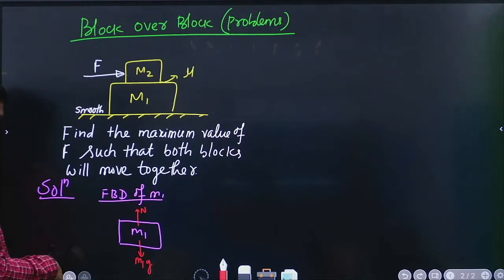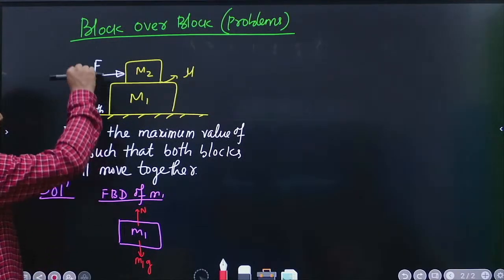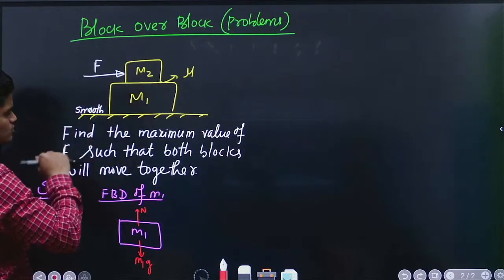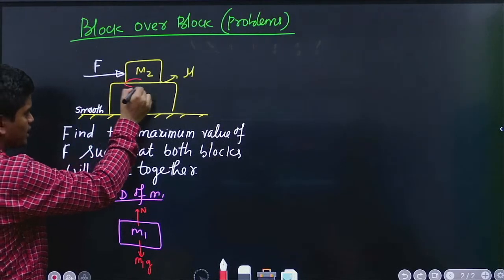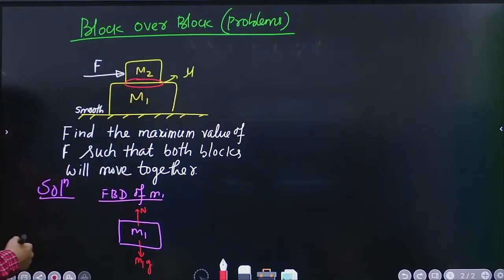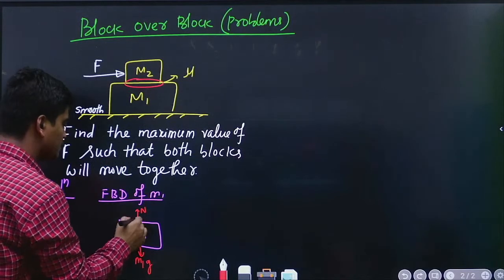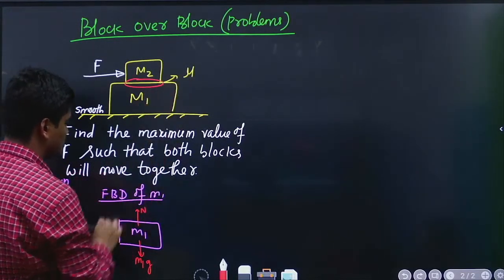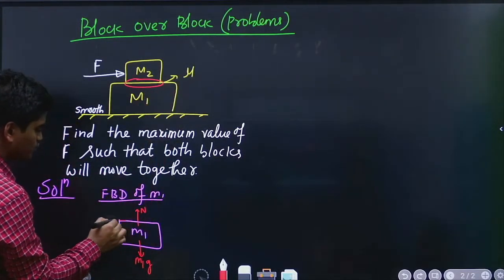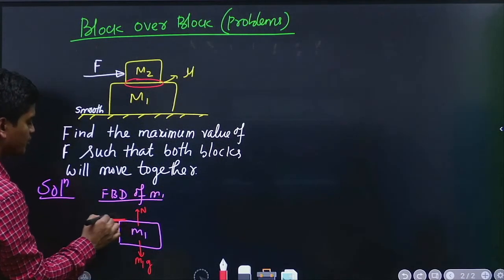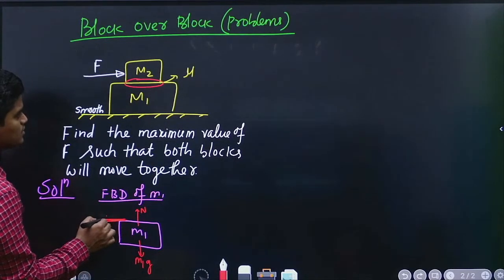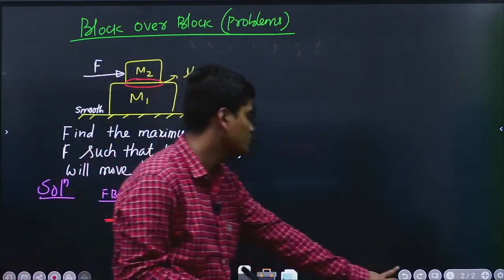Here the force is acting on M2, but this is the contact surface, so due to this contact surface a frictional force will come. At this surface one frictional force is coming.